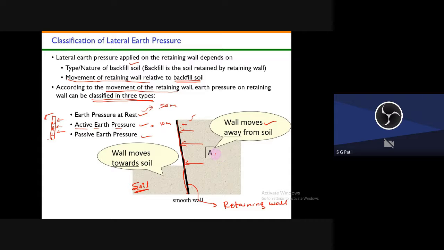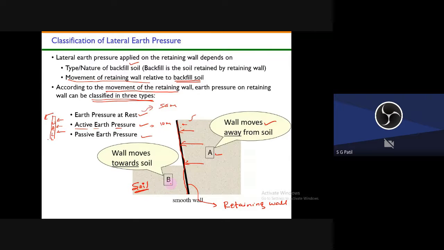So the point A, whatever soil is present at this level, is subjected to active earth pressure, and point B is subjected to passive earth pressure. Because the wall is moving away from the soil backfill, that is called active earth pressure, and whatever soil is present on this side of the retaining wall will be pushed towards the soil. So this wall is pushed towards the soil.